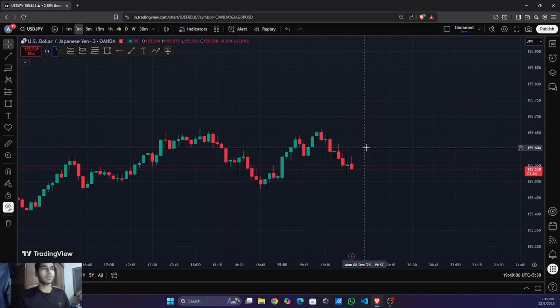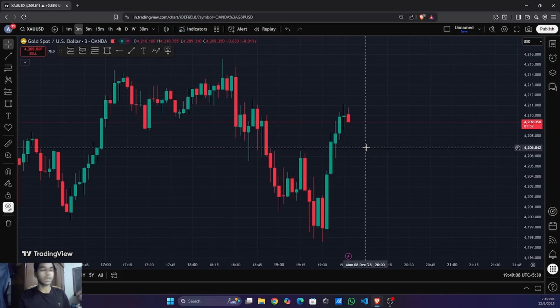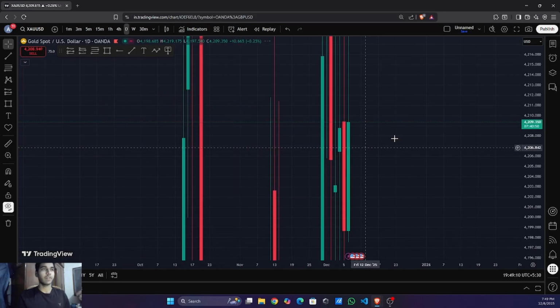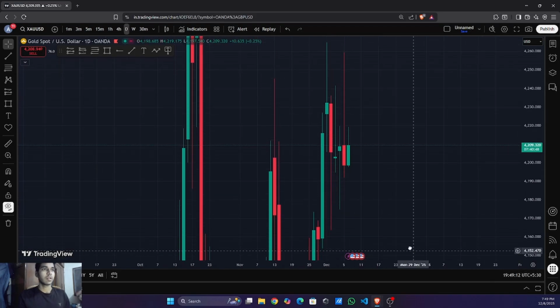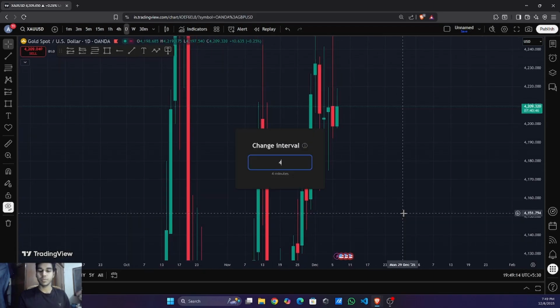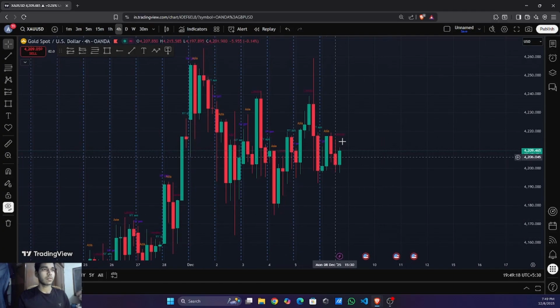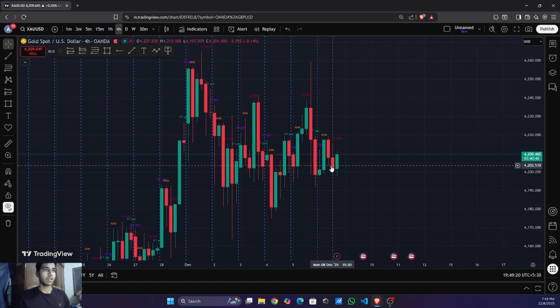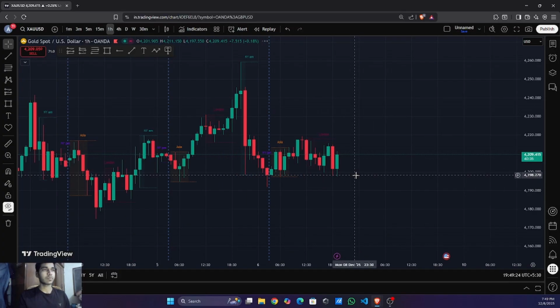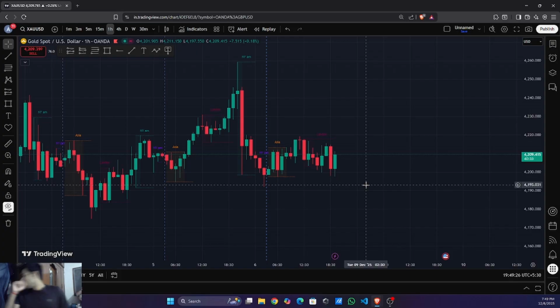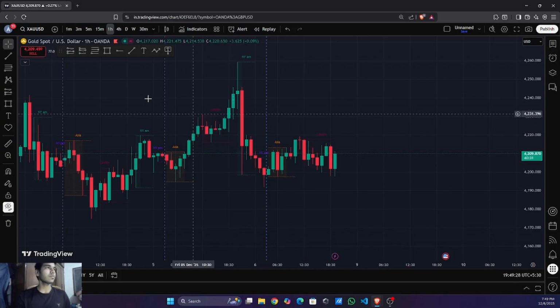I'm not sure about GPI. Let me check the pair first. We don't have too much time. Okay, around its opening, it is bullish. Hardly anything over here. Swept the daily lows.